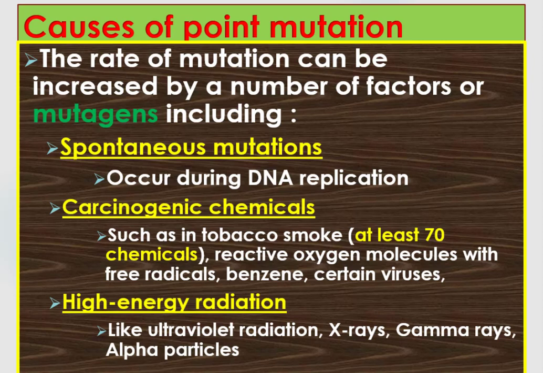Causes of point mutation. The rate of mutation can be increased by a number of factors or mutagens, including spontaneous mutations. These are mistakes that accidentally occur when DNA is replicating. The second group of mutagens or factors can be carcinogenic chemicals.